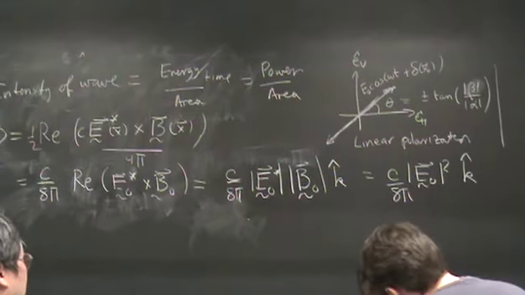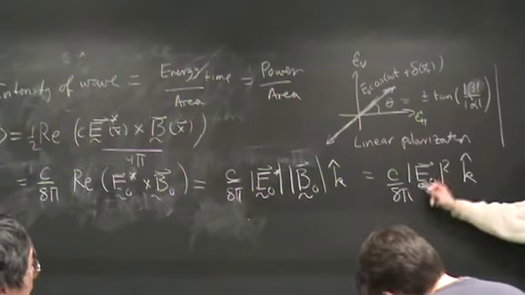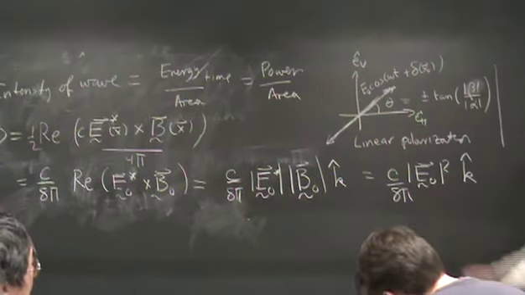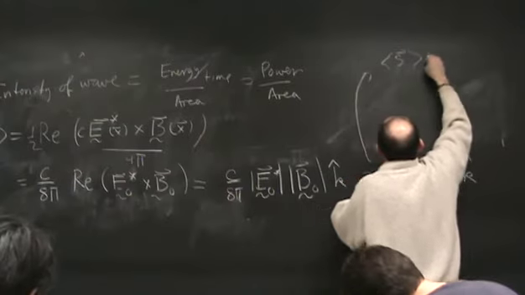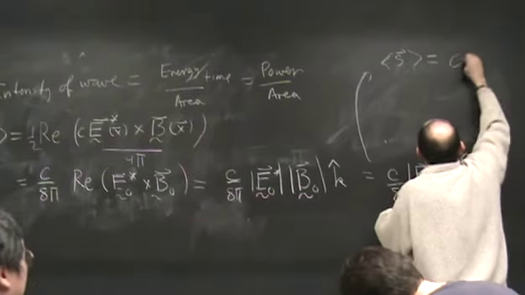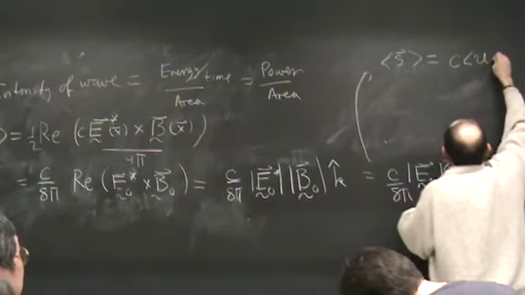But we just said that E squared over 8 pi was the total energy density in the wave. So the Poynting vector, intuitively then, when time averaged is equal to c times the time averaged energy density in the k-hat direction.